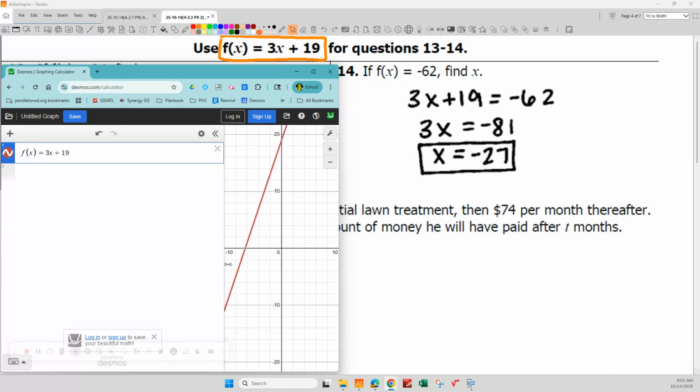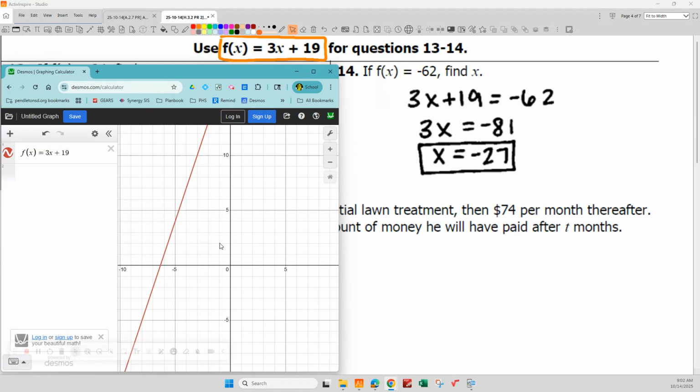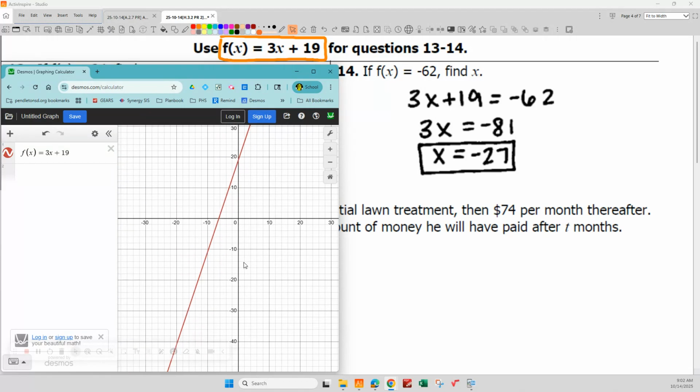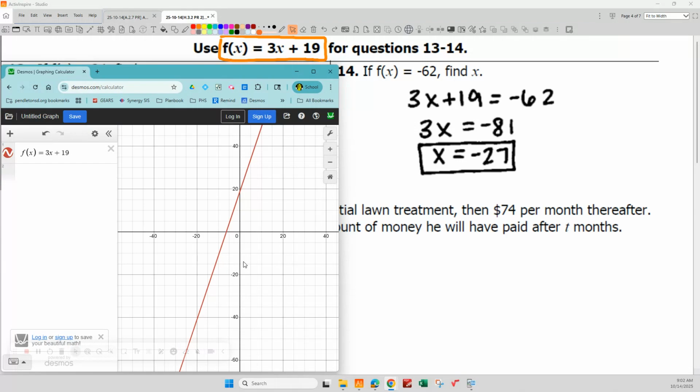Okay, there's my graph. Now, what am I looking for on that graph again? Because there's an infinite number of points contained on that graph. If I drag a point along that graph, Desmos is giving me continuous readouts of the inputs and outputs, right?